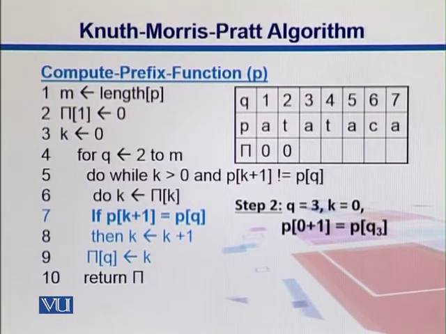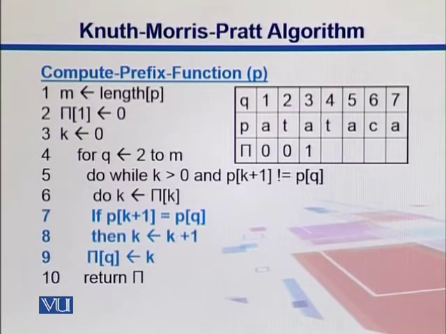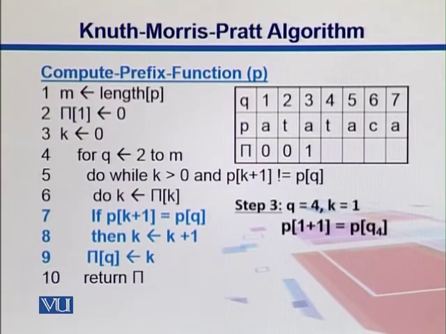On the third position in the pattern, which is A, it matches with the first position, which is A. So we increment k, and in pi of q we put this value of k, which is 1, and we put that 1 over there in our table.